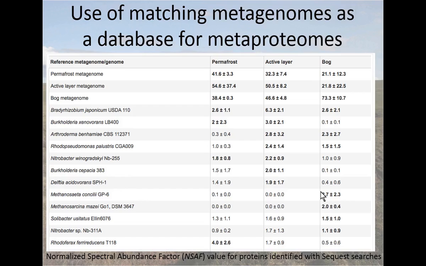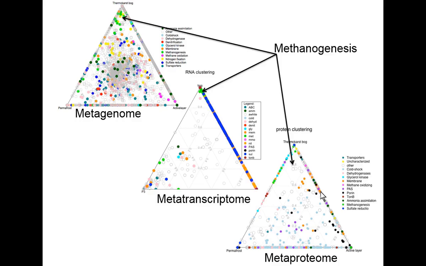In the active layer, the best hits were found in the matching active layer metagenome, and the same was true for the bog: the matching metagenome really gave me information on these proteins. The only bad thing was that most of the proteins I found were hypothetical or unidentified proteins, so that didn't give me much good information on them, but I could see that they were found in the same samples as well.